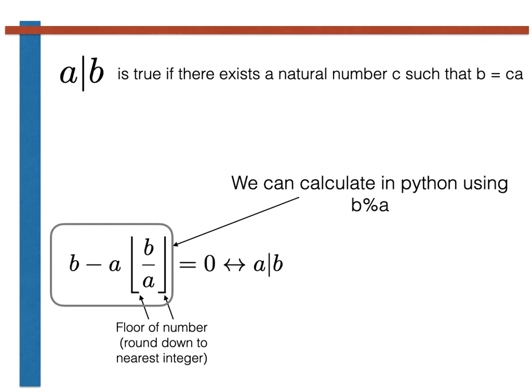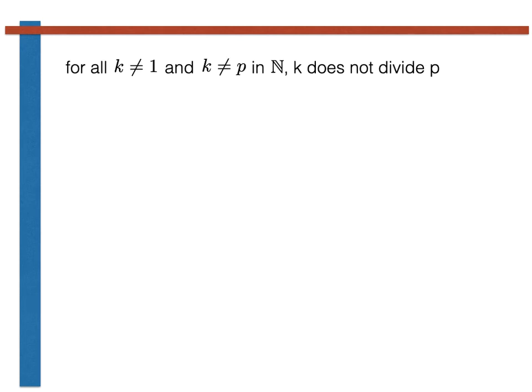With that in mind, let's return to the business of determining if a number is prime. Recall that we said that a number is prime if for all k not equal to 1 and k not equal to p that are in the set of natural numbers, k does not divide p.